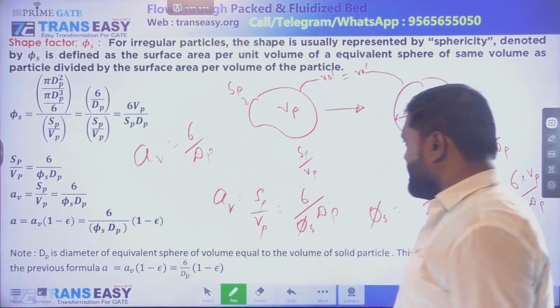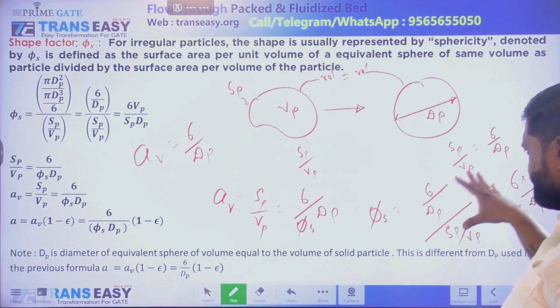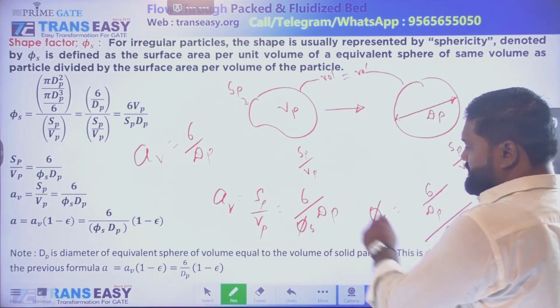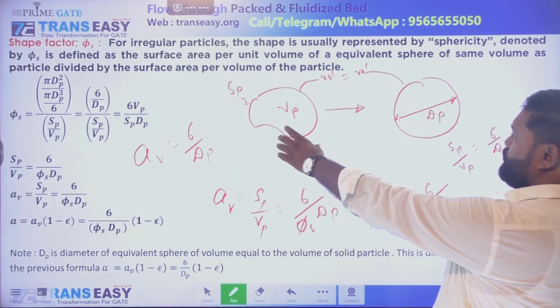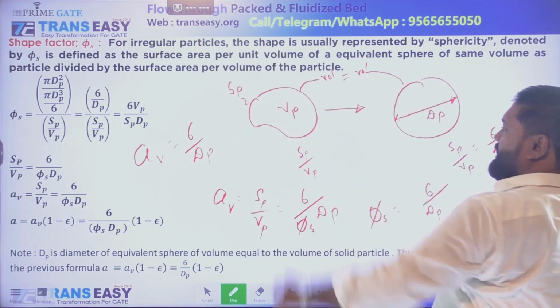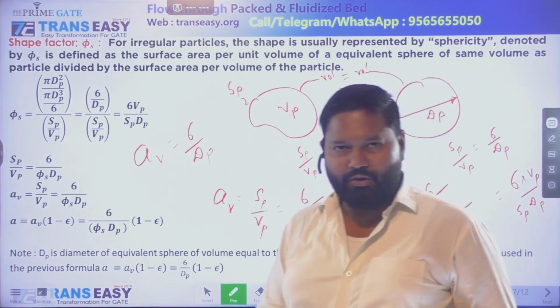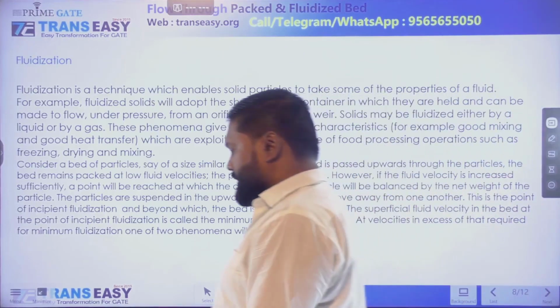So in this way remember how shape factor comes into picture, right. शेप फैक्टर जितना 1 के क्लोज होगा उतना ही इसकी स्फेरिकल नेचर विजिबल होगी, उतना ही स्फीयर के क्लोज होता जाएगा. How close to sphere, right.